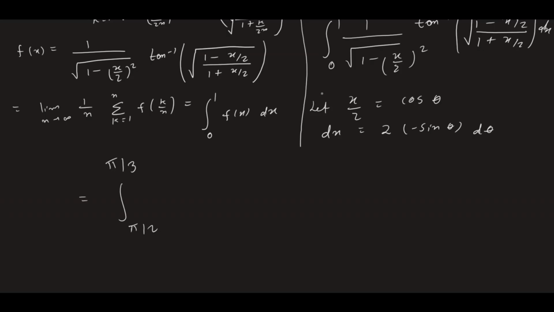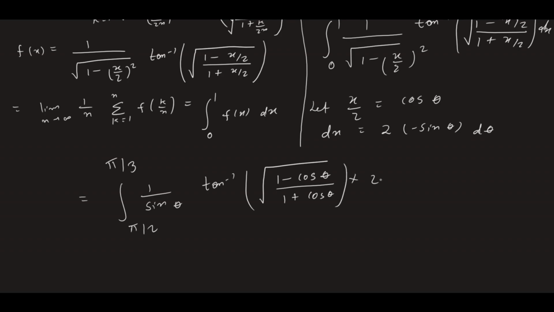And it will be 1 by root of 1 minus cos square theta, which is 1 by sin theta, times tan inverse of under root of (1 minus cos theta) by (1 plus cos theta), times minus 2 sin theta d theta. So this and this will cancel out.